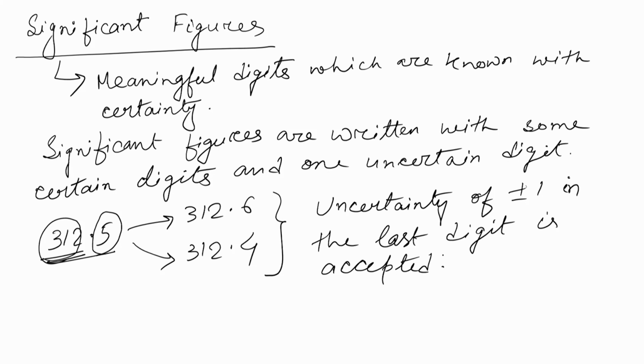Uncertainty of plus minus 1 in the last digit. This is generally assumed even if it is not mentioned. Other uncertainties such as, let's say, plus minus 2 or plus minus 3, if these are the uncertainties, then it needs to be mentioned. Without mentioning, we generally consider plus minus 1 error to be there. So, now we will discuss significant figures, how to express them, and what are the rules of expressing significant figures.